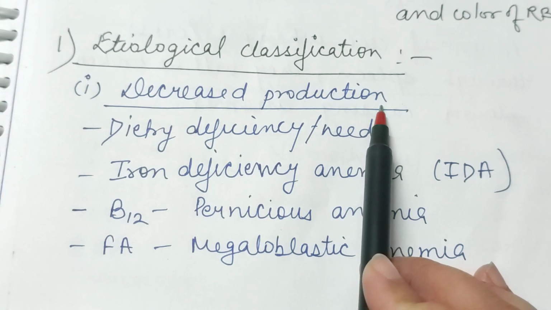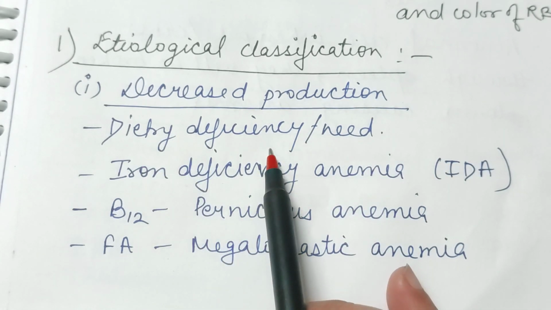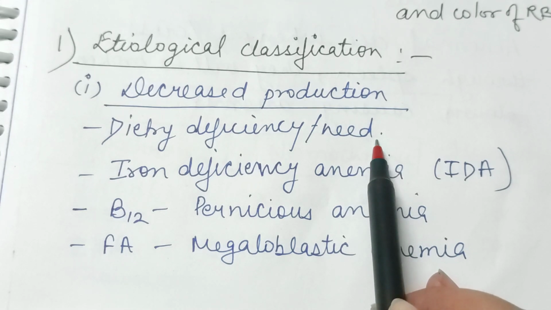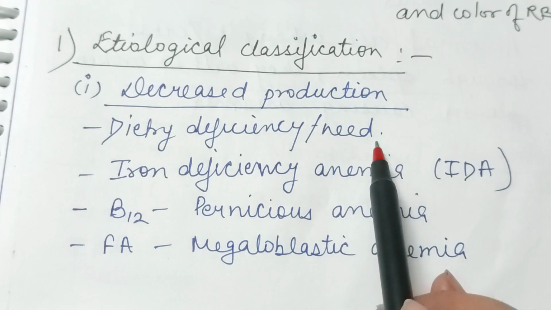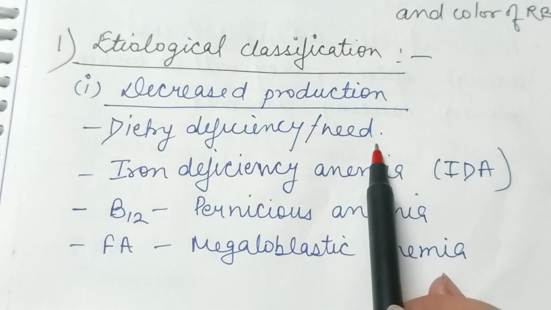If they are deficient, that can cause anemia. For example, dietary deficiency, where daily needs are not met, like in poverty. When socio-economic condition is not good, people are not able to take diet properly because of unavailability, so in those cases anemia is very frequent.